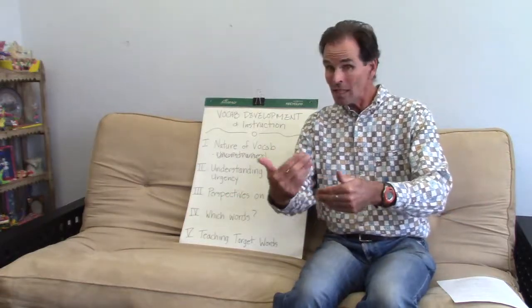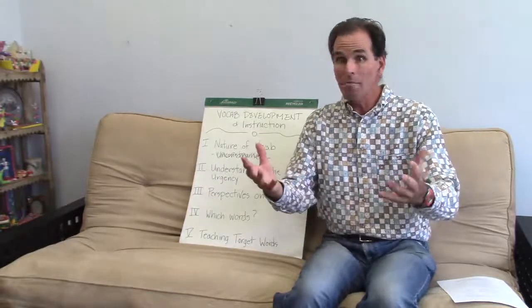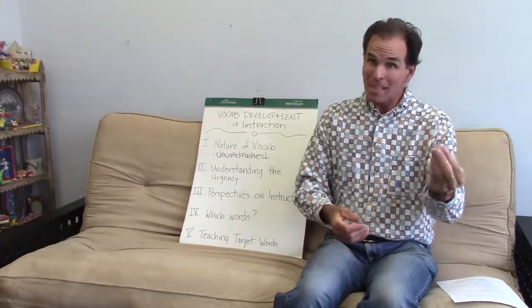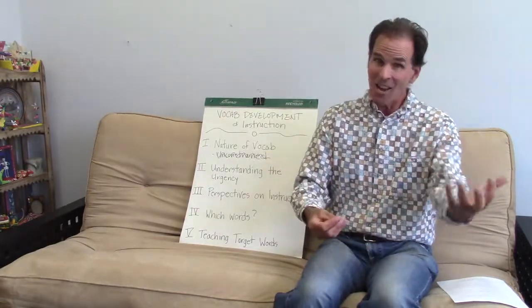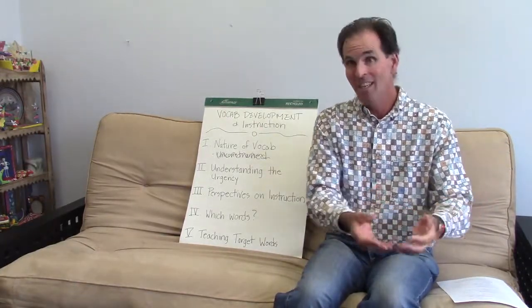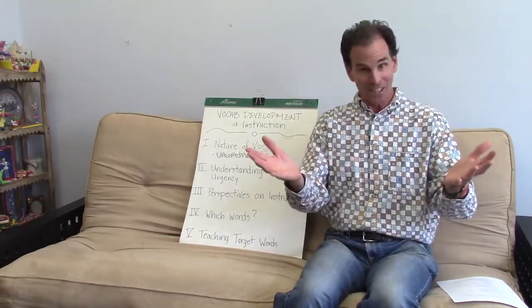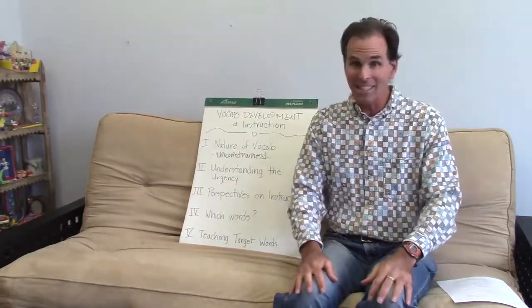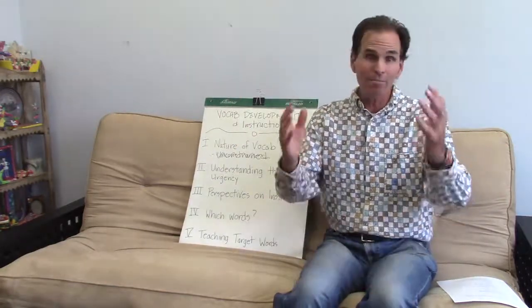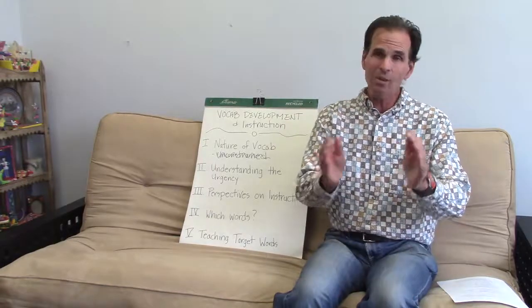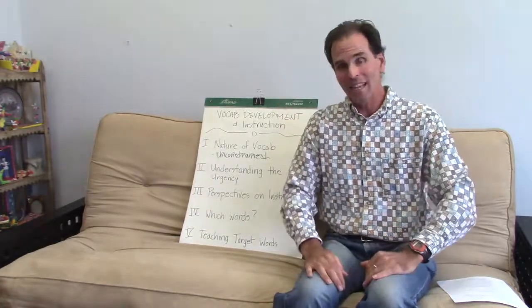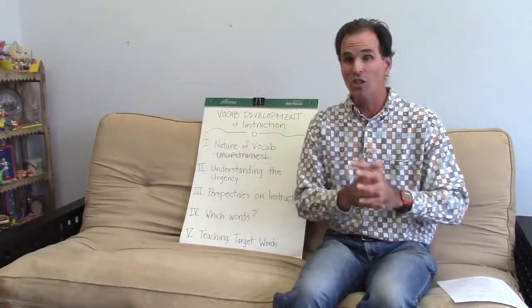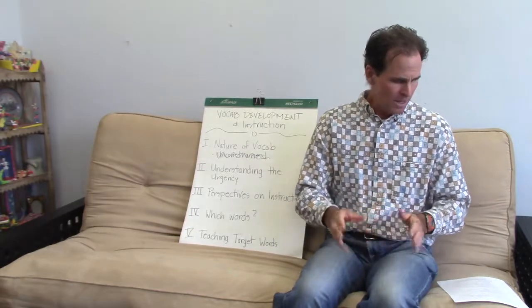Many of which only appear once in every 1 million written words. Yet when they do, they may be just the word that a kid needs to know to comprehend the text that they're reading. Of course, that makes things very challenging. How do you get kids to learn the meanings of words that they may see once in every couple million words? But again, when they do appear, are exactly what they need to know. And that gives us a little sense of how ambiguous and challenging this task is.